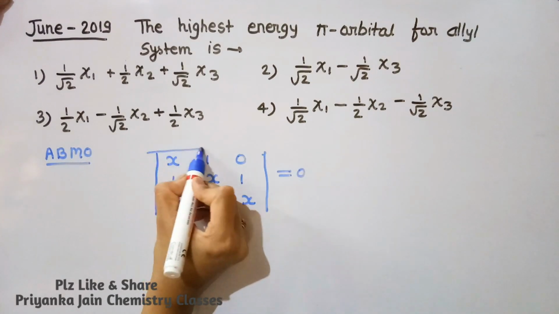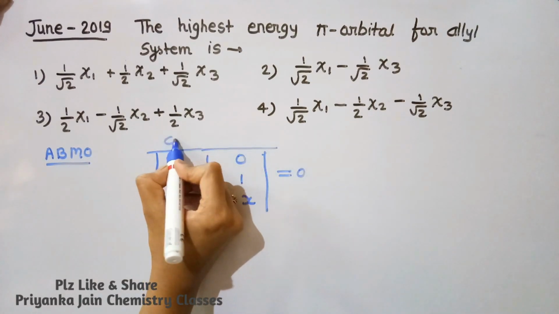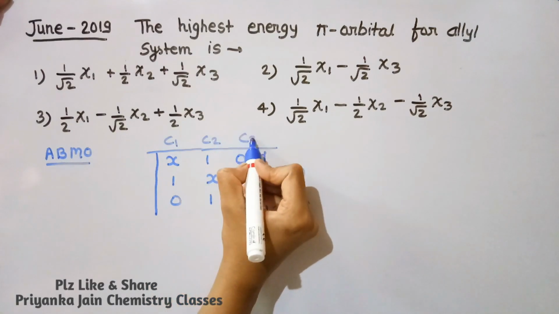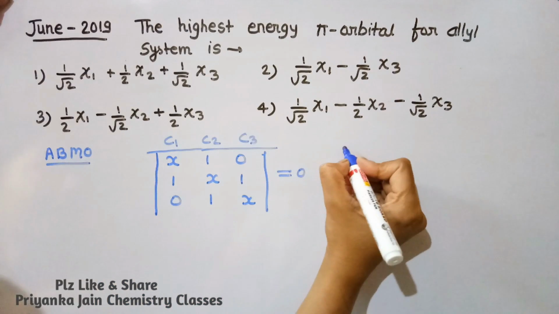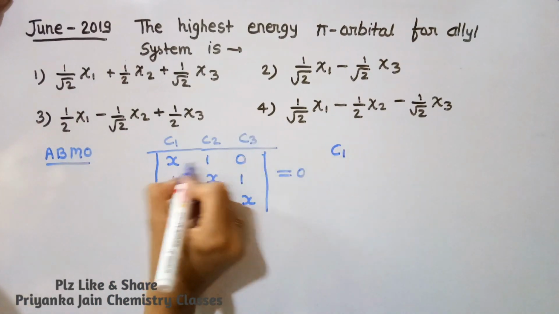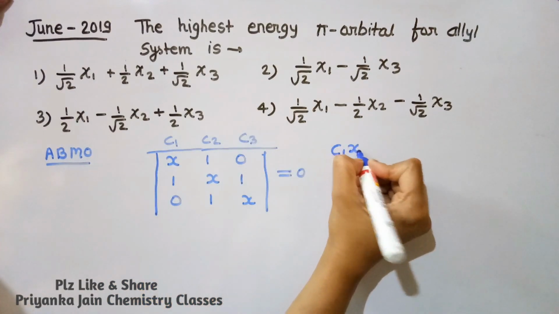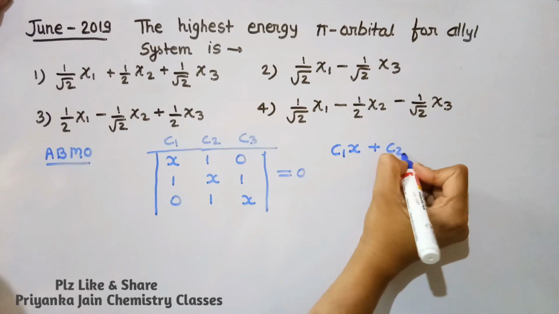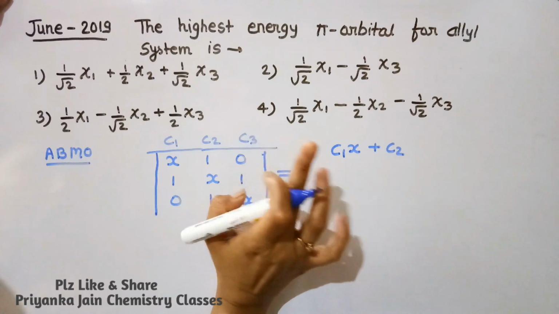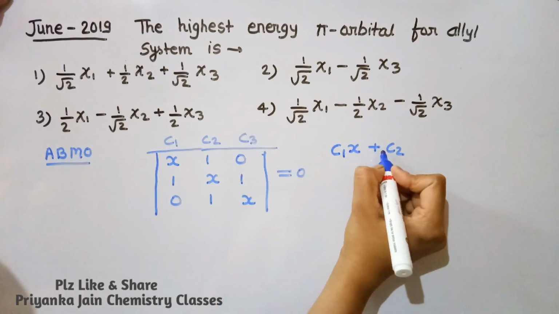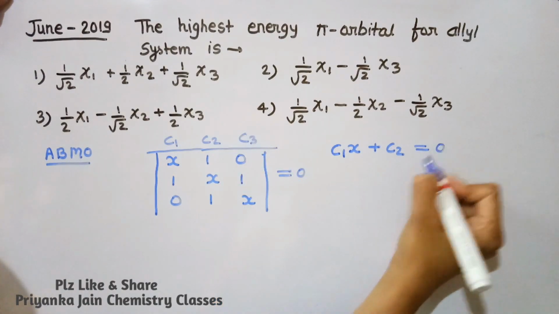Now what we have to do here is write down C1, C2 and C3. Now we have to make the linear equations. In which way do we make them? Firstly for this row, C1 x plus C2, and when we multiply this C3 with this 0, it will be equal to 0. So this is C1 x plus C2 is equal to 0, right?